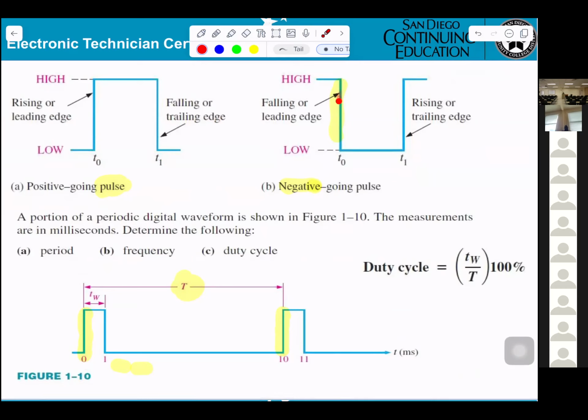You see another one go negative. That will be a negative going pulse.